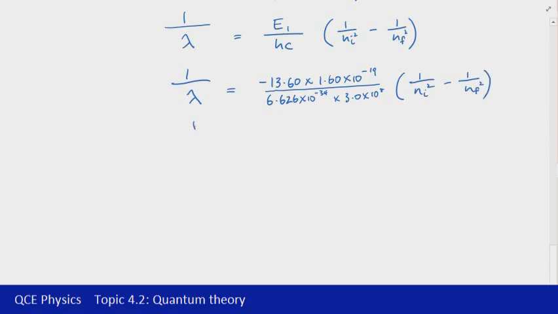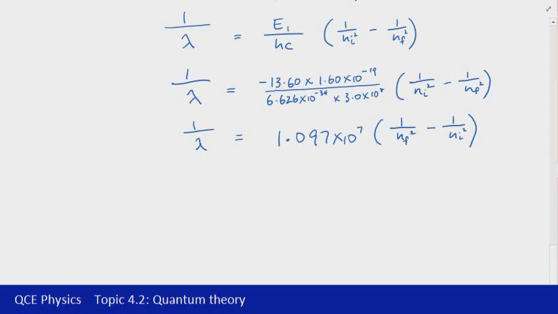Almost there. 1 on lambda is then equal to, I'm going to get rid of this negative here by taking it inside the brackets. So we'll write that the number out the front is 1.097 by 10 to the 7. And if we multiply that negative inside, that is going to flip that term around. So it's now 1 on Nf squared minus 1 on Ni squared.